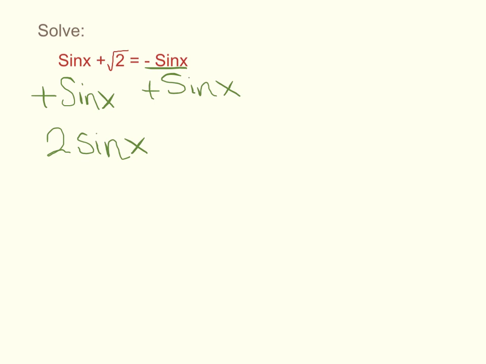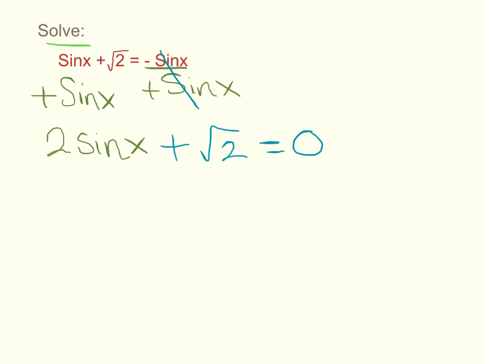So I'll get 2 sine x plus root 2 equals 0, because negative sine x plus sine x will go away. Well, I'm not remotely close to being done because, well, I need to solve for x. So that means I want to isolate it.